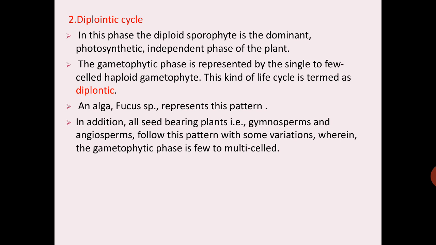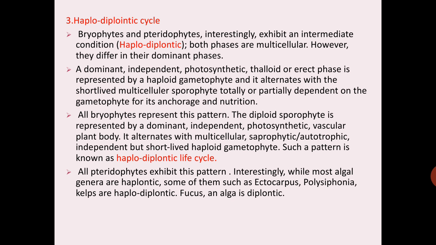So first we studied the haplontic, the second one is diplontic, and the third one is the haplodiplontic cycle. Bryophytes and pteridophytes interestingly exhibit an intermediate condition. Both phases are multicellular. However, they differ in their dominant phases.